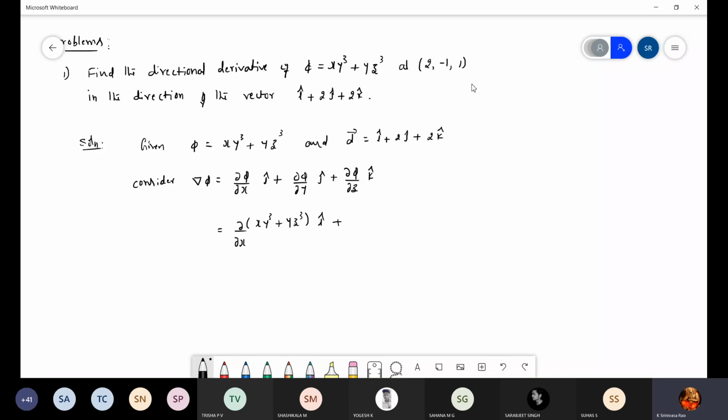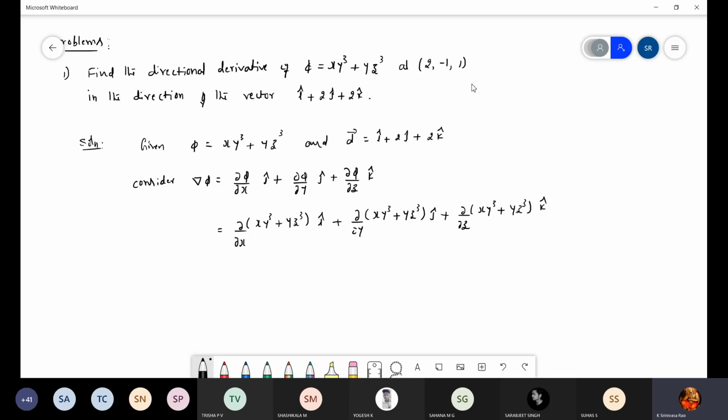Otherwise, if you feel this procedure is simple, you can follow this. dou by dou x of xy cube plus yz cube i cap, dou by dou y of the same j cap, plus dou by dou z of xy cube plus yz cube k cap. Just I'm substituting. So if you are perfect with the partial derivatives as well as the grad phi, you can avoid this step and write the direct answer.